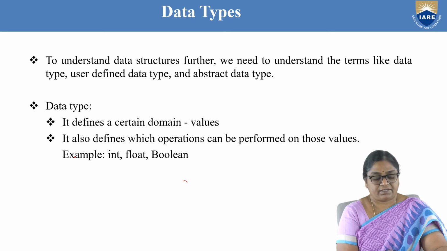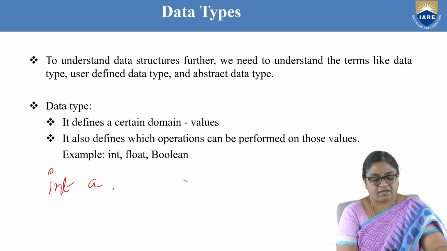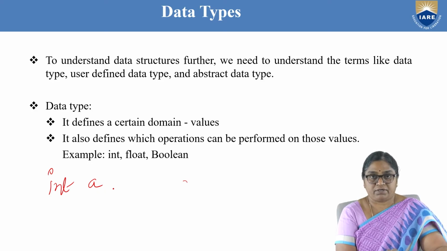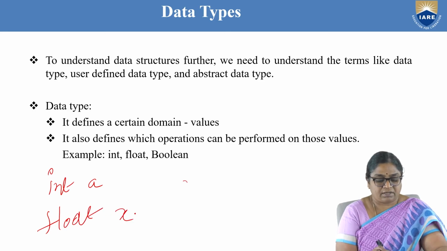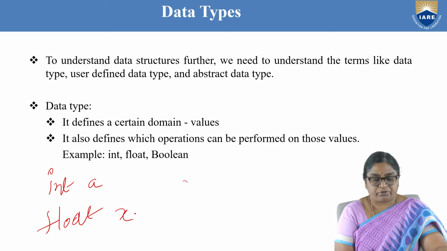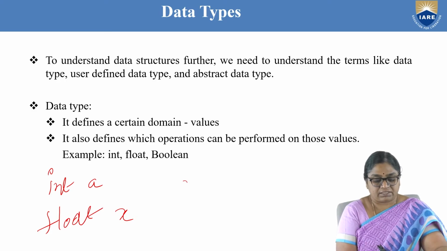To understand data types, let us take some examples. If I write int a, in a I can store both the positive and negative integers like 5, -15, 25, etc. If I write float x, then I can store 0.25, 2.9, -15.23, etc. into x.